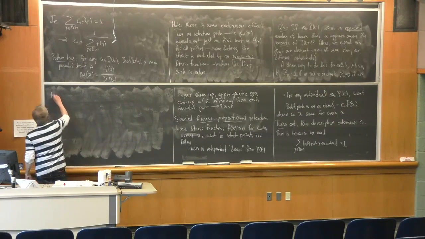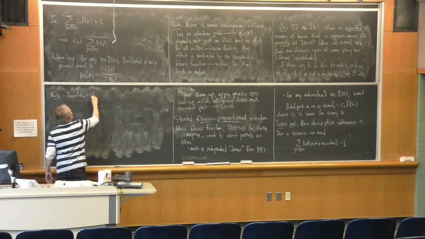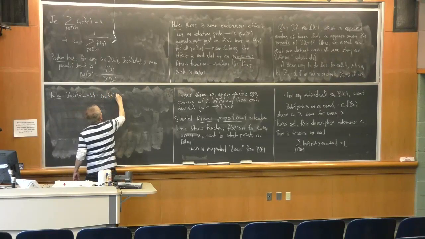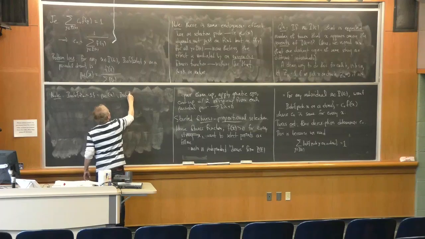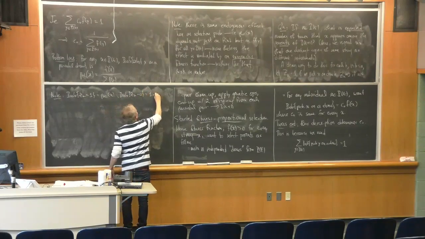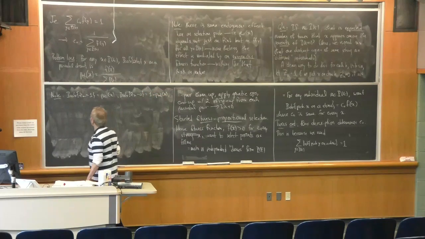So note that the probability that Zk is equal to 1 is p_sel of x, the probability that I select x on any given draw. The probability that Zk equals 0 is 1 minus that, and this is true for all k.